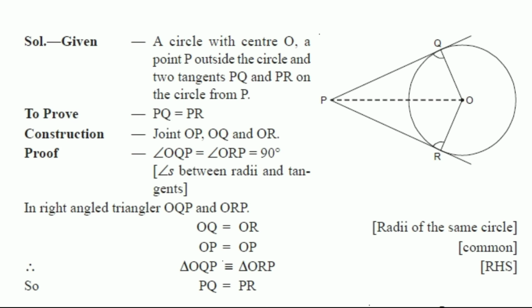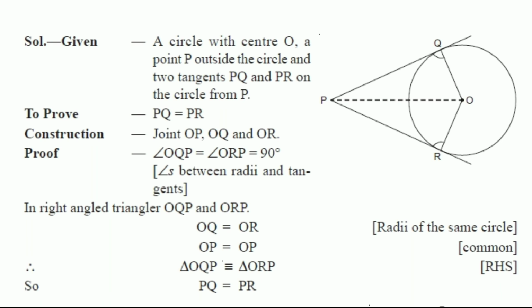R means right angle, which is at Q and R in the triangles. H means hypotenuse, the side that is opposite to the right angle. And S means any side, and here the radius is taken as the third side of the axiom.